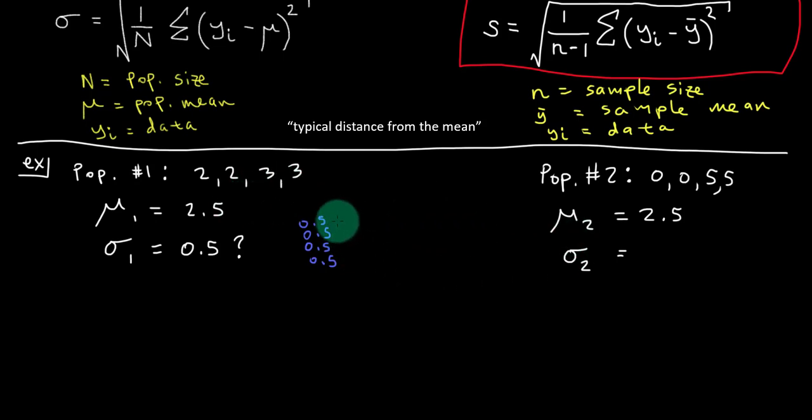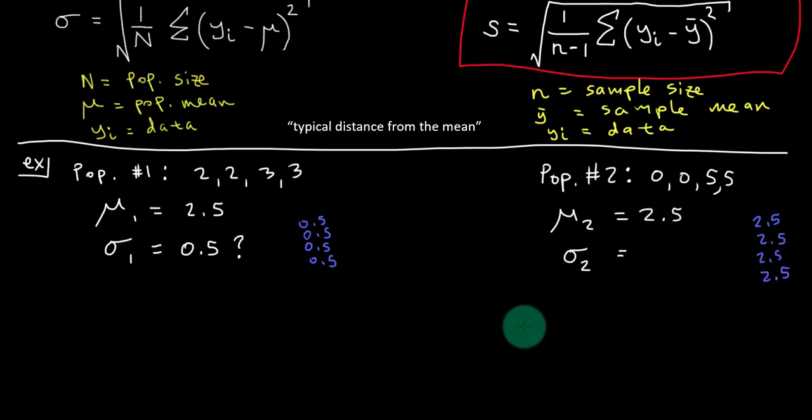Let's run through this procedure here to guess what the standard deviation of this population is. Again, how far away is 0 from the mean? 2.5. That's the case for both those zeros. And how far away is this 5 from the mean? 2.5 again.